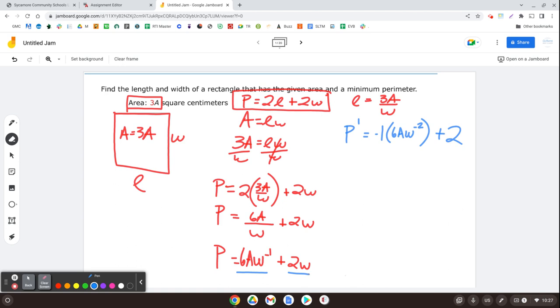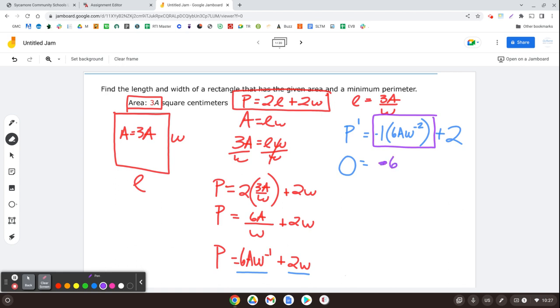Okay, all right, so how do I find the relative minimum or the relative maximum? I have to set the derivative equal to 0. So that's 0 equals, I'm going to rewrite this term as negative 6A.